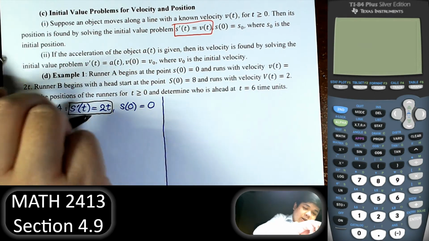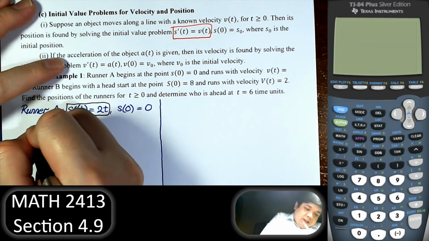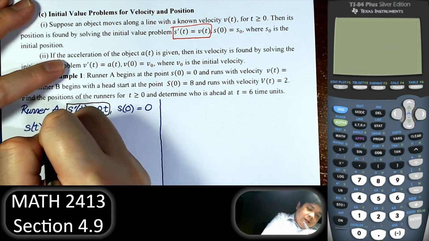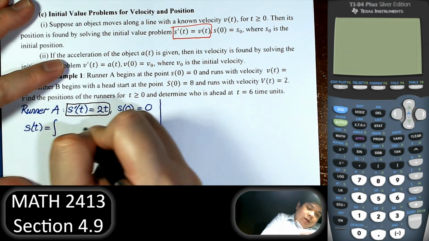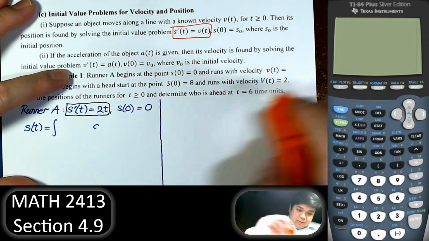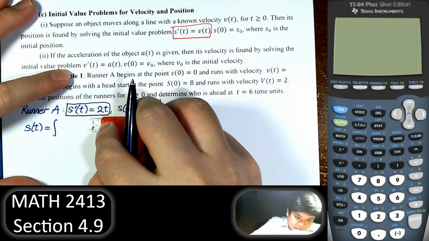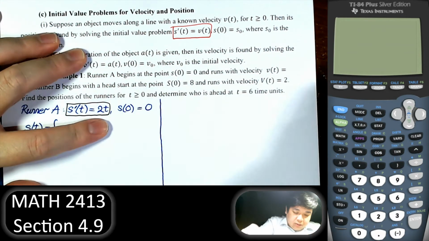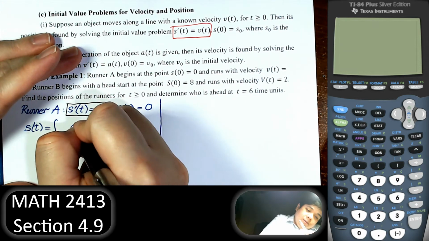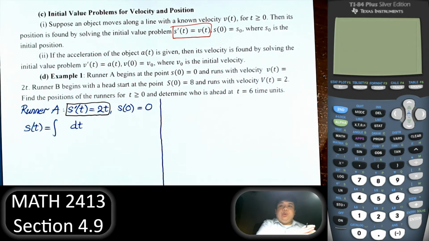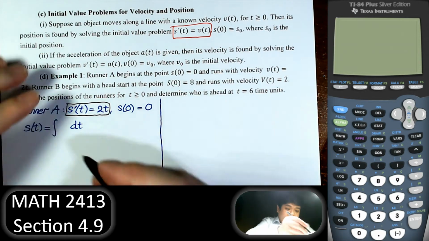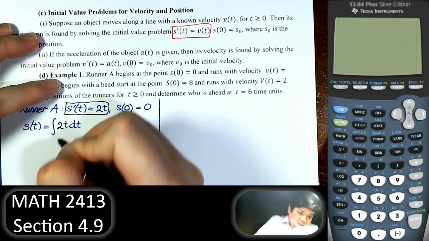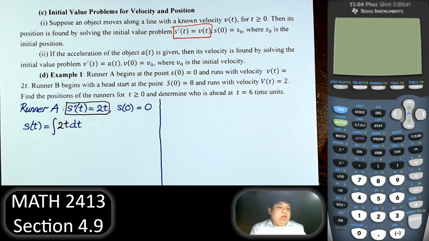So first, s of t will be just undo it and have it back to the position function, right?